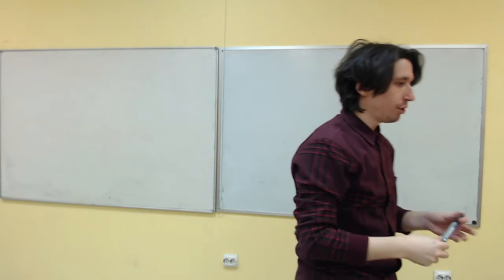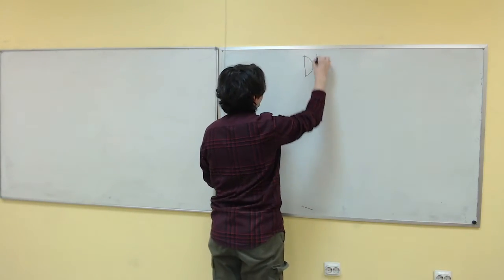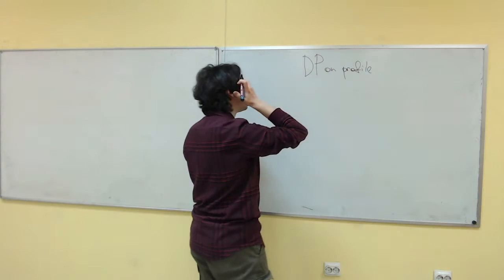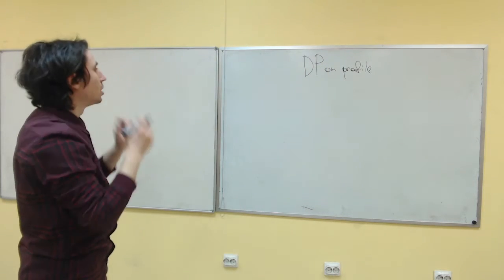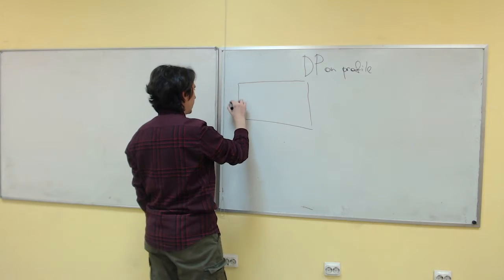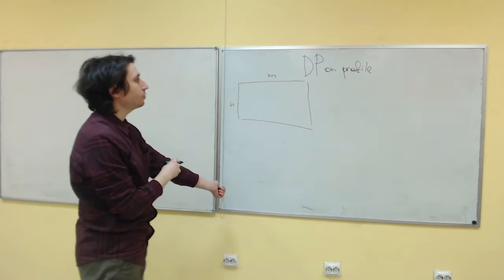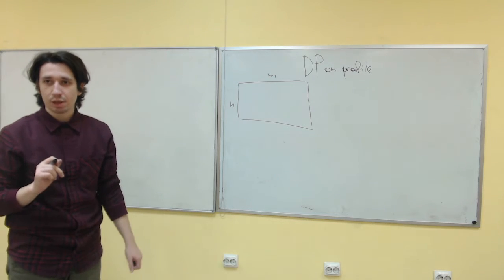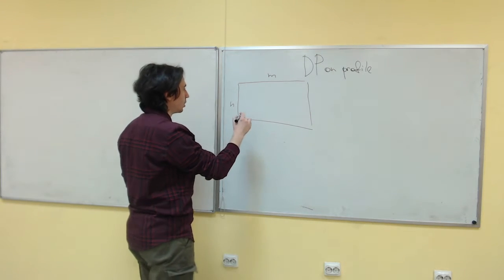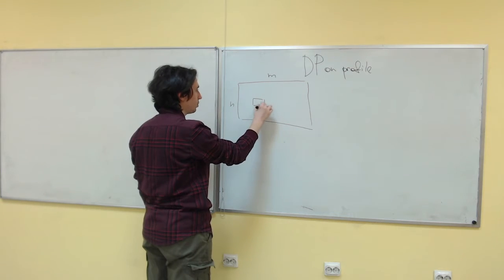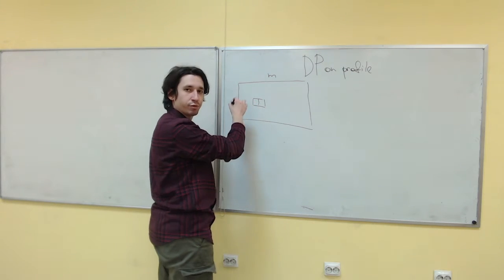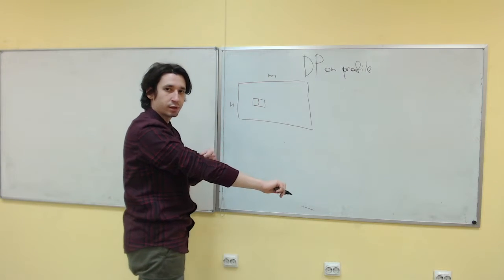Then let us talk about DP profile. You are given a rectangle n times m, and there are really two problems. One is to find the total number of coverings by dominoes, the rectangles of 1 by 2, that is, the number of ways to fill this rectangle with 2 by 1 dominoes.